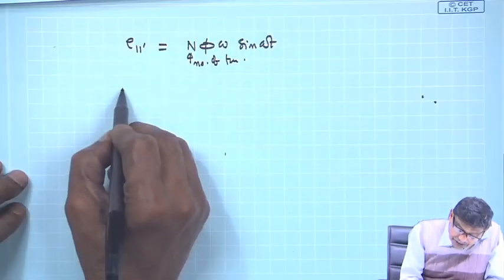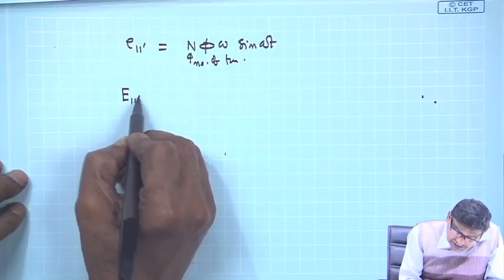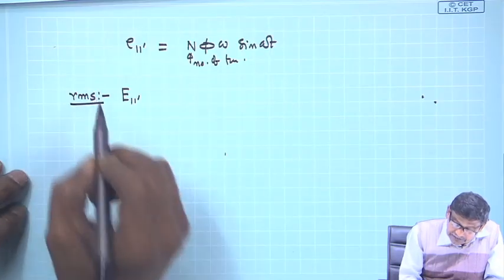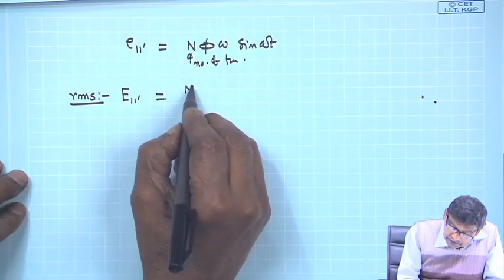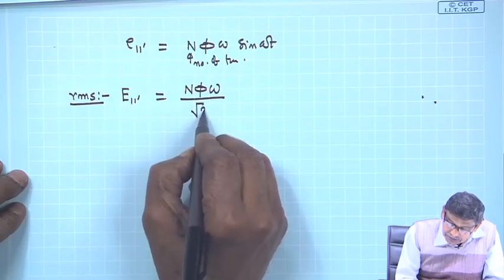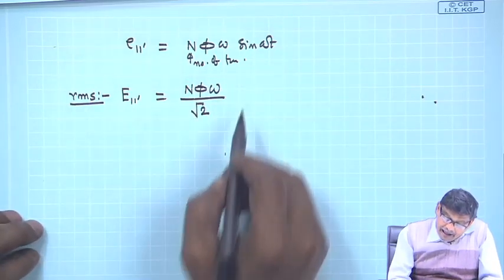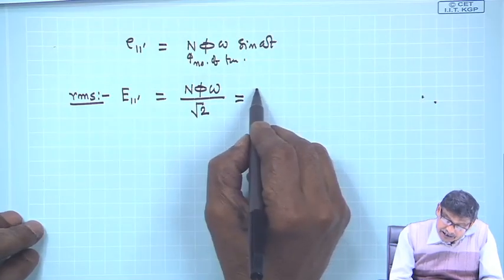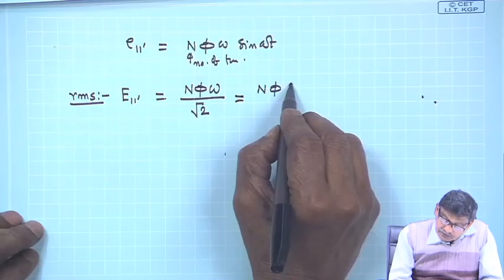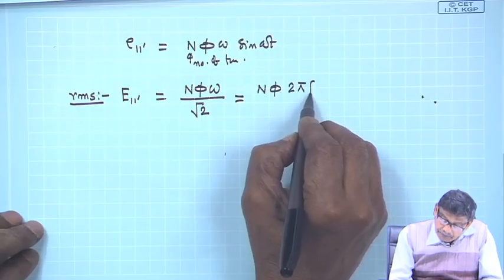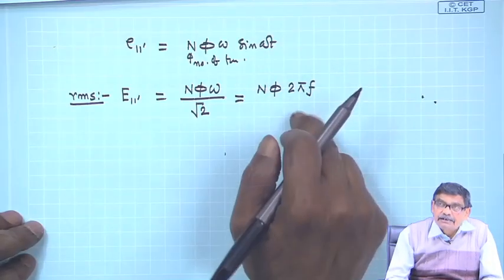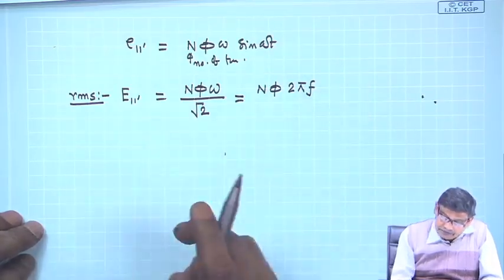So, what will be the RMS voltage? E 1 dashed RMS value of this voltage will be equal to simply this divided by root 2. And this omega n phi can be written as 2 pi f, where f is nothing but n RPS expressed in electrical degree, number of turns.